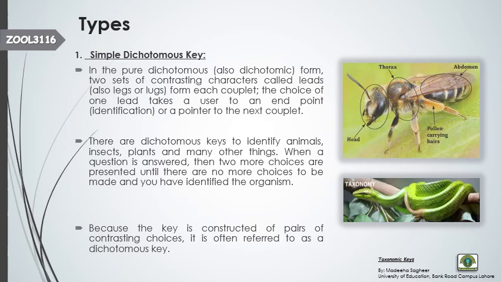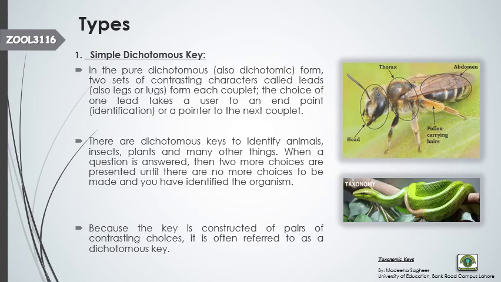There are dichotomous keys to identify animals, insects, plants, and many other things. We can even construct a dichotomous key to identify non-living objects as well, right? There are many activities like this. When a question is answered, two more choices are presented until we have gone through all the choices and finally identified our specimen.